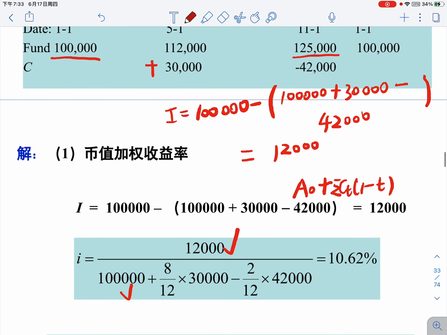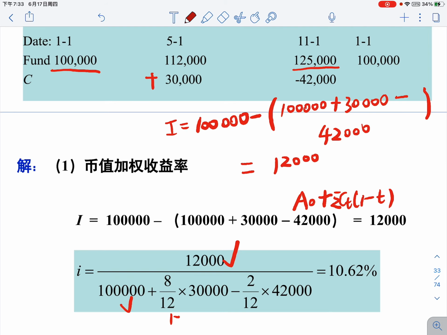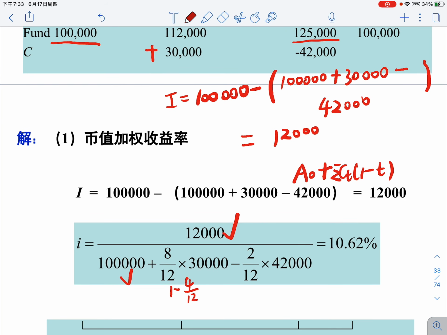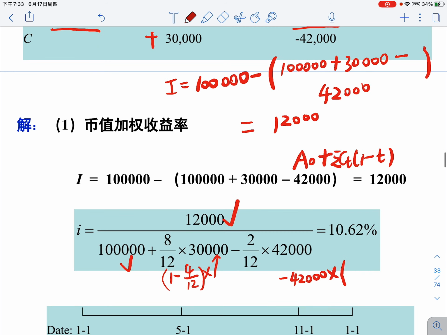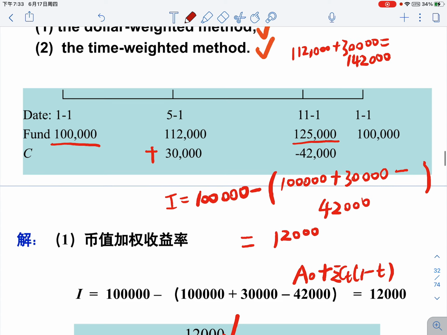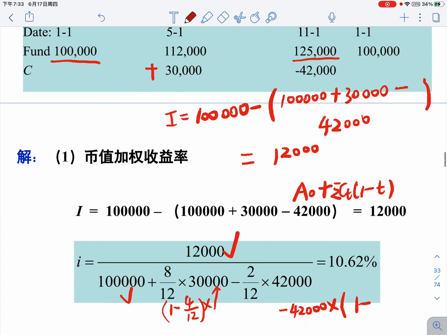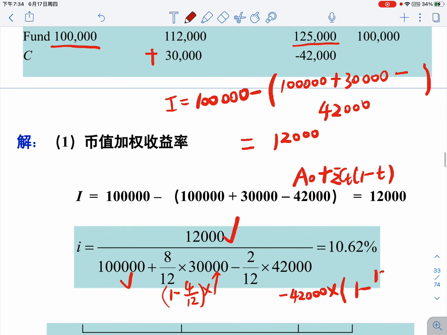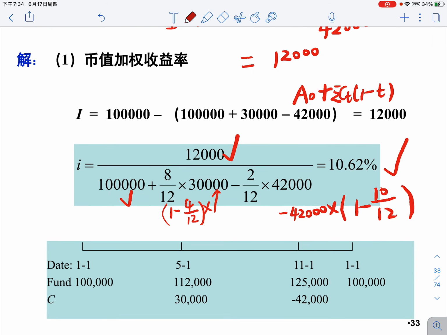This is 1 minus t, where t is 4 over 12, multiplied by this. And we have this multiplied by 1 plus, and 1 minus t is 10 over 12. So we got this final answer.